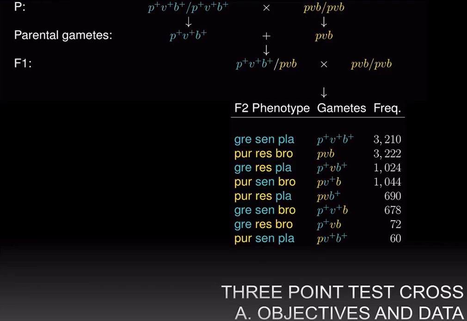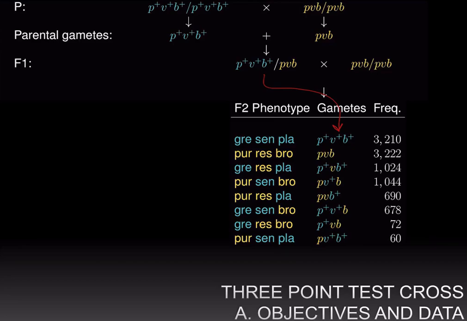And so these are gametes generated by this individual, and the phenotypes of the F2 generation simply follow the genotypes of the gametes of the trihybrid individual.